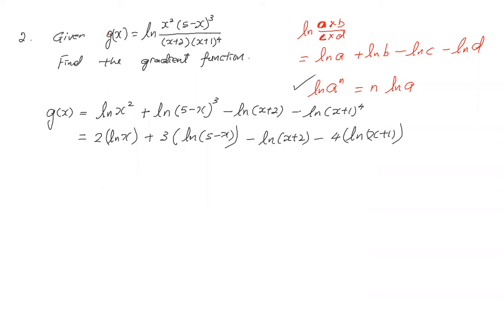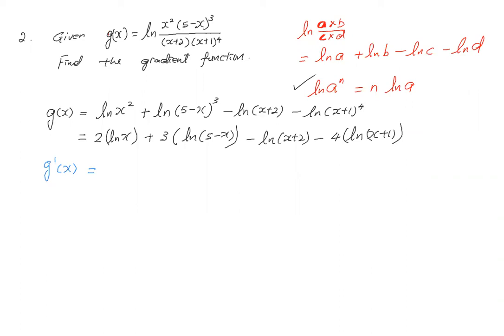Now am I ready to find the derivative for each term? The answer is yes. So I write down g prime x. So what is the derivative for the first term? Shivani?